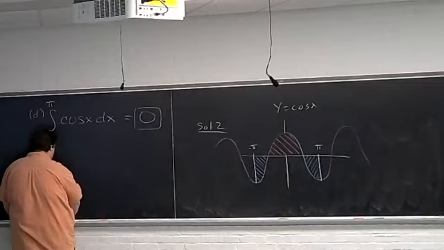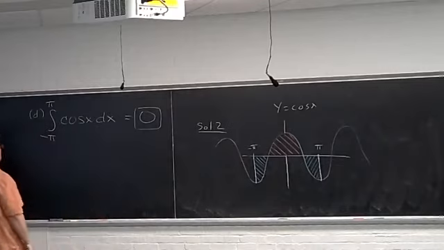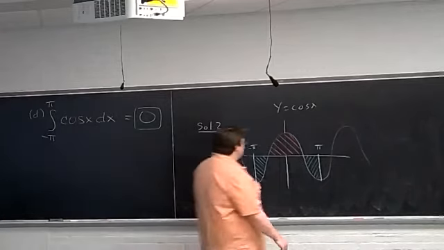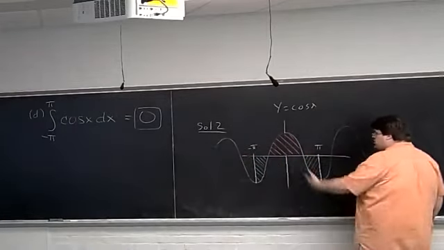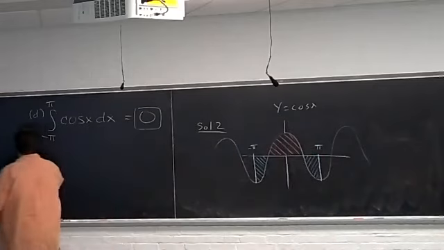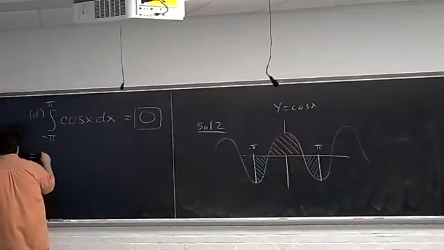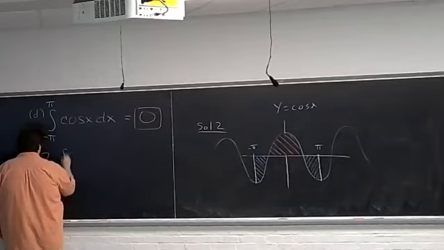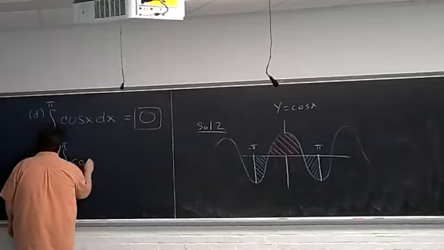It said that for even functions, and it gave 2 examples, cosine x and x squared, the integral on some interval symmetric about 0 equals 2 times the integral starting at 0.